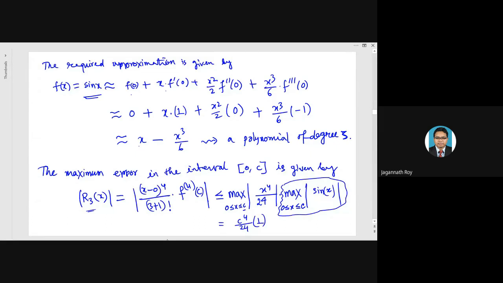Maximum value of sine x is 1. And this relation is given, less than or equal to 0.001. It is given, so that means we will satisfy this 0.001. Now from here we can find out the value of C. Thus we have C to the power 4 times 24, less than or equal to 0.001.